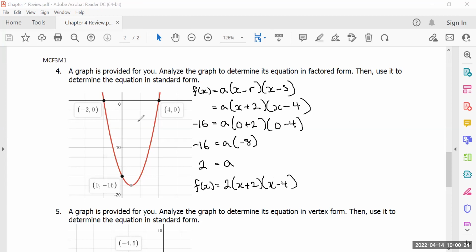Use it to determine the equation in standard form. I'm not going to show you step by step because I expect you to know it. To go from here to standard form, you are going to expand. So this becomes x squared minus 2x minus 8. You can take your time to solve it, which is going to be 2x squared minus 4x minus 16.